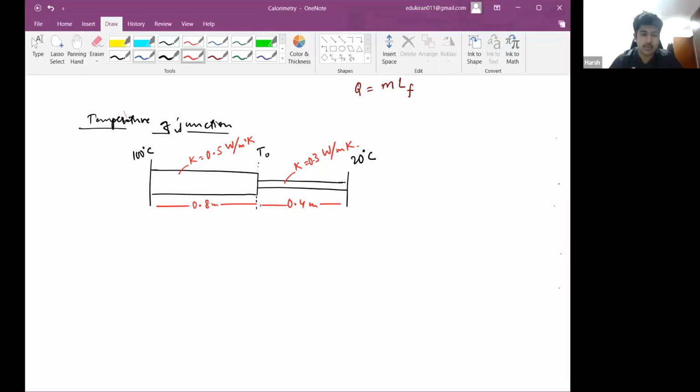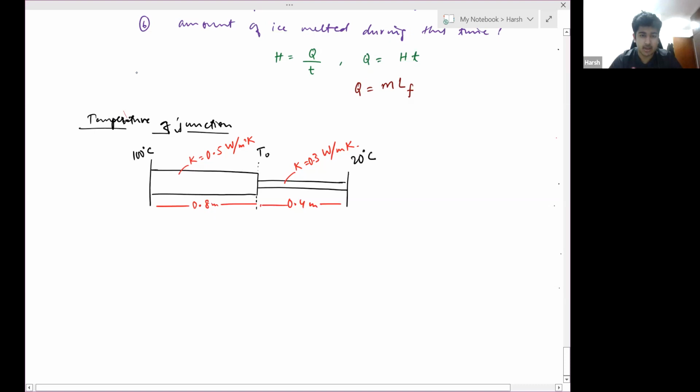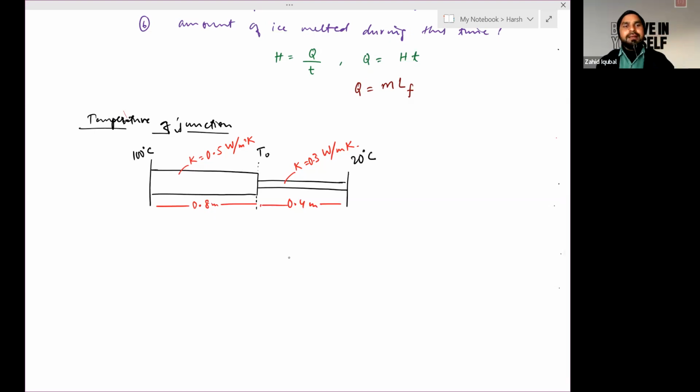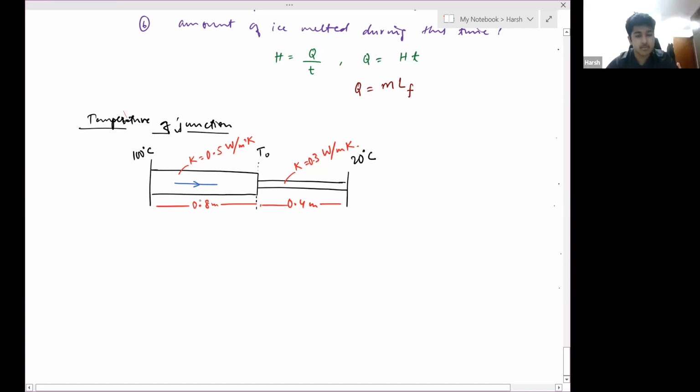So like we have to subtract the higher to lower or something like that? No. In this part, we have two different rods having different thermal conductivity. So there will be some flow of heat current from higher temperature to lower temperature in this part.